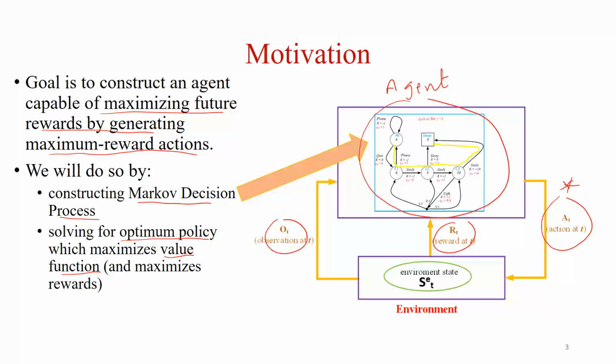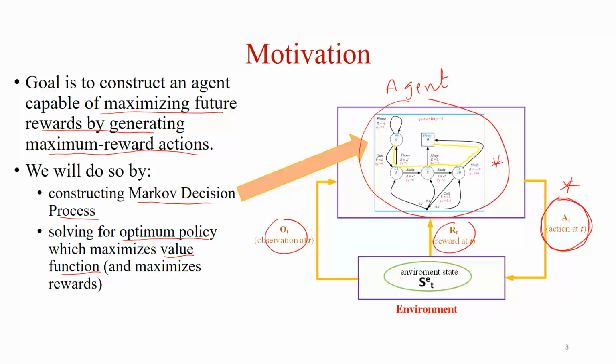So again, to recap, my objective is to maximize the rewards. We will have to find out those actions that will return the maximum future rewards, and to do so we need to design this Markov decision process, or to be more accurate, solve it.